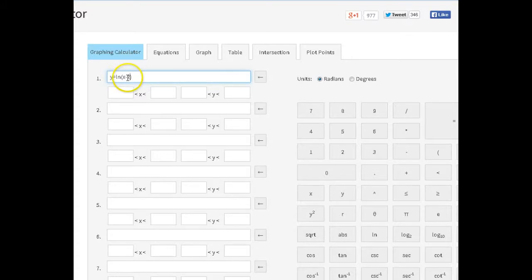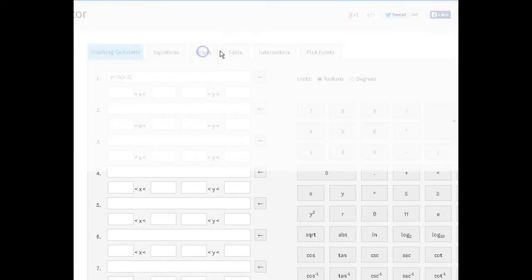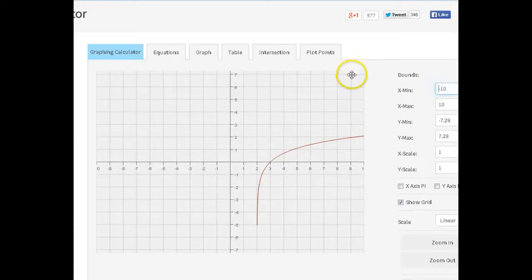Well, we said now, since this is a negative 2, this is h. So our h value for this to end up being like this had to be a positive. So this is going to shift it right over to 2. Let's check it out.